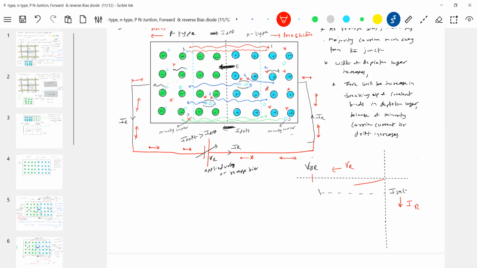No need, you can just put a rough curve. Just show some slope here.